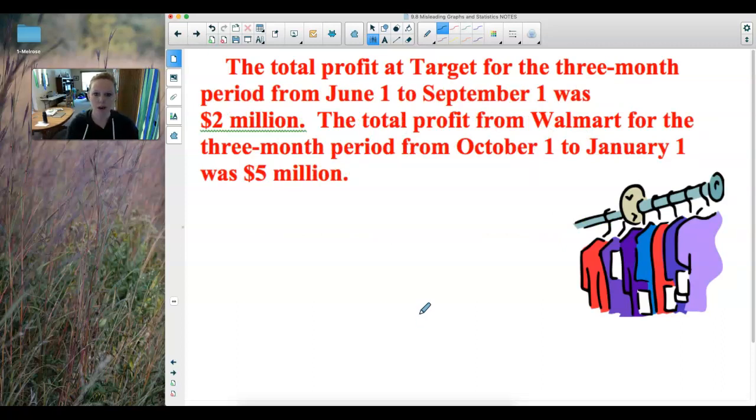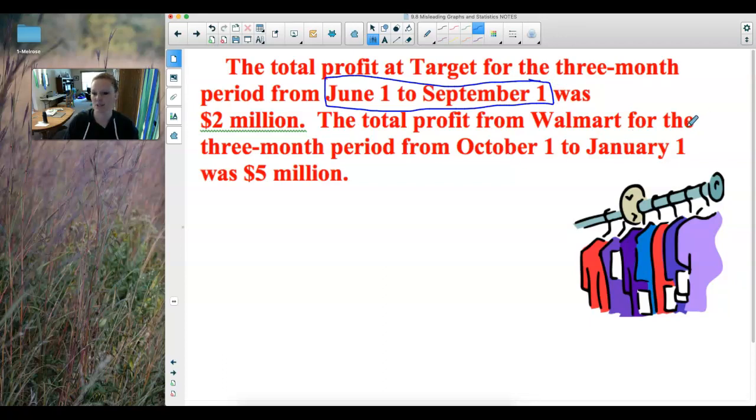Okay. This one, the total profit at Target for a 3-month period from June to September was $2 million. The total profit for Walmart for a 3-month period from October to January was $5 million. Okay, this statistic is making it seem like Walmart makes bigger profits. But the part we need to really be careful of is the time period.